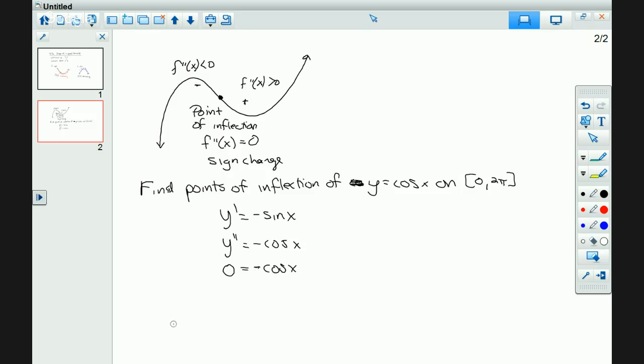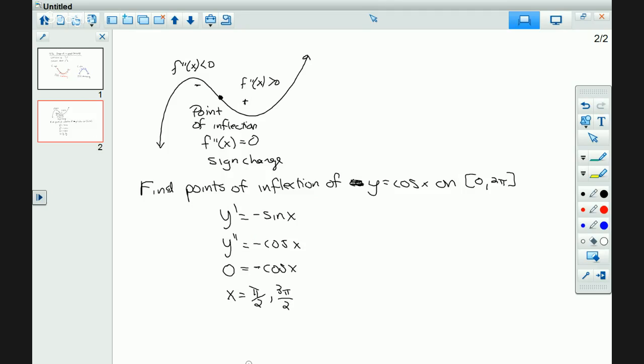Where does that happen? Pi over 2 and 3 pi over 2. Yep, that's the unit circle.